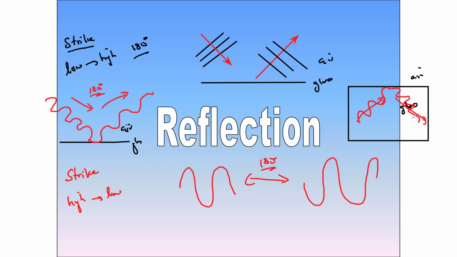So reflection means the property of a wave to change direction when it strikes a medium. In terms of the wave, it may undergo a phase change. When will it undergo a phase change? When it strikes a rarer to denser boundary. But if it strikes a denser to rarer boundary, there is no phase change.